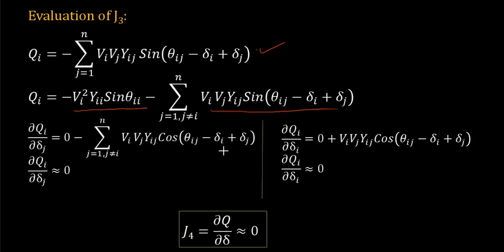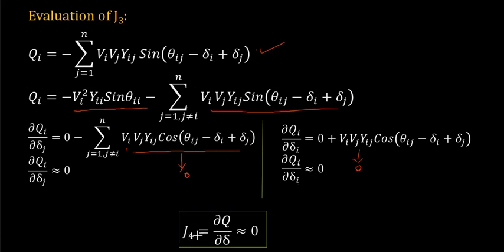And here, when you take the differentiation of this sinusoidal with respect to delta, you will have a cosine term. Again, we had seen that this particular term will be 0, so this can be taken equal to 0. Similarly, when you do the differentiation of Qi with respect to delta I, that is a change in reactive power with respect to change in delta of its own bus, you will again get an equation which is equal to 0.